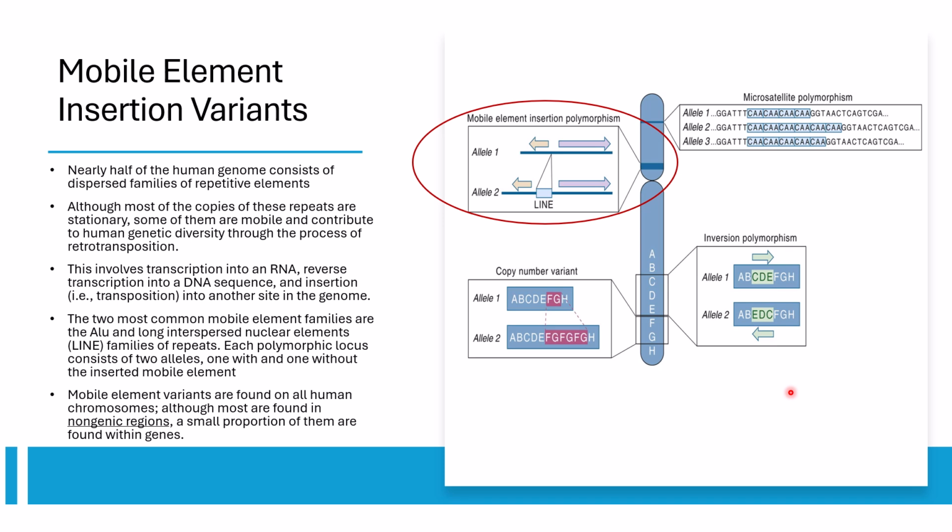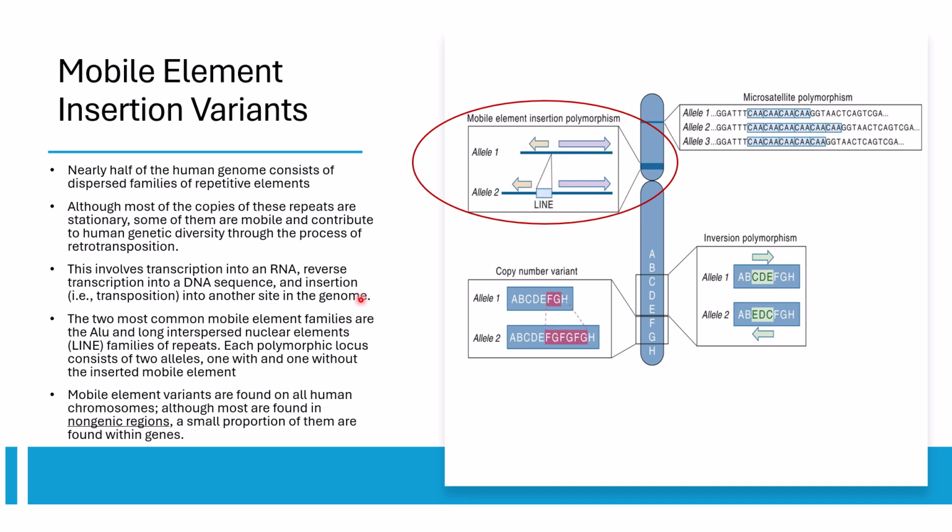You have to know that the human genome consists of dispersed families of repetitive elements. Most of them are stationary, they don't move, but a small proportion of the RNA undergoes what we call retrotransposition. So the RNA will go through a process of reverse transcription into DNA, and that DNA sequence will be inserted into another site of the genome.